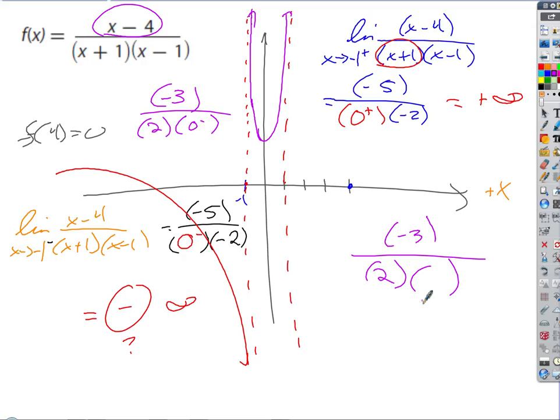But what kind of 0? We've got to know what the sign is, right? If we're approaching 1 from the right, that's going to be an x value that's a little bigger than 1. And so, Maddie, what's that going to give us? It's x minus 1 and x is approaching 1 from the right this time, right? We're approaching from over here. It's going to be as close to 1 as it possibly can.